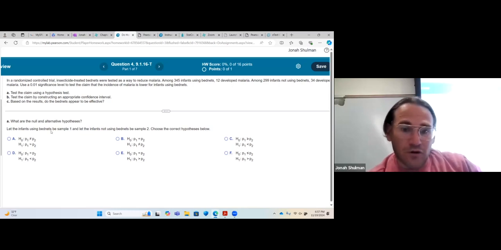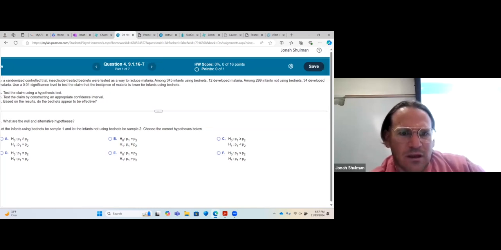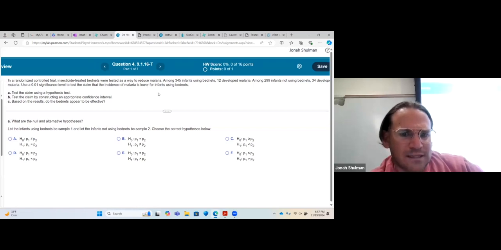So we know A is out, and we know C and F are out. So we're just looking at B, D, or E. The claim was, will it reduce malaria, right? So which one is it? It can't be B. So it's not two-tailed, it's one-tailed.